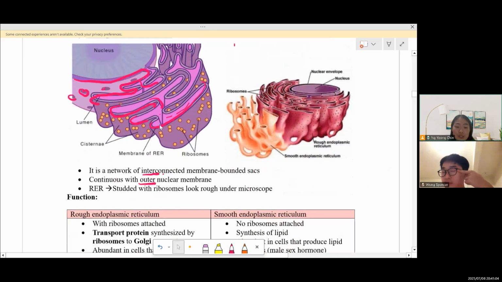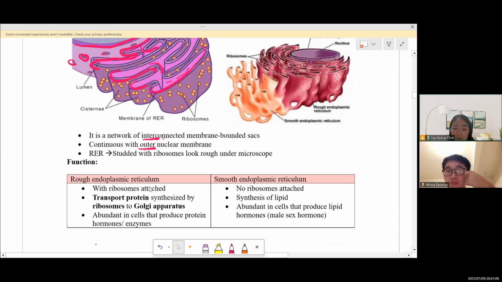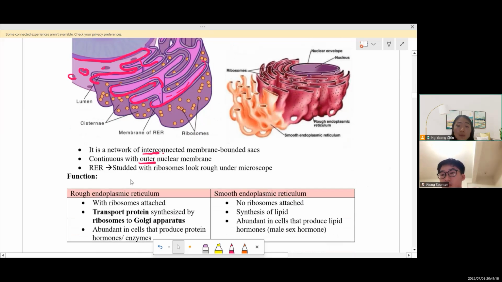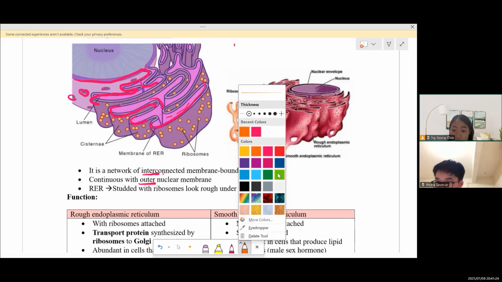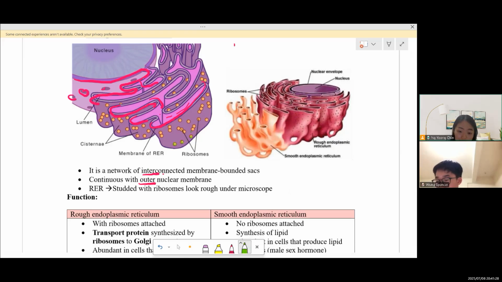Why I say it this way is because the function of the rough endoplasmic reticulum is to help transport the proteins. They transport the proteins produced by the ribosome to the Golgi apparatus. It's because the ribosome, this tiny circular structure, actually produces the proteins.